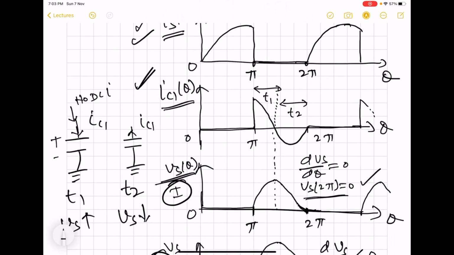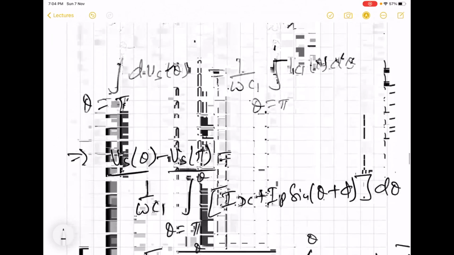So that means the capacitor waveform IC1 is of such a nature that if you find the average over one cycle, it must be equal to 0. And in fact, that is what will be the case. So if we set up the equation for the average of IC1 equal to 0, that will also lead to the same equation that we have derived.